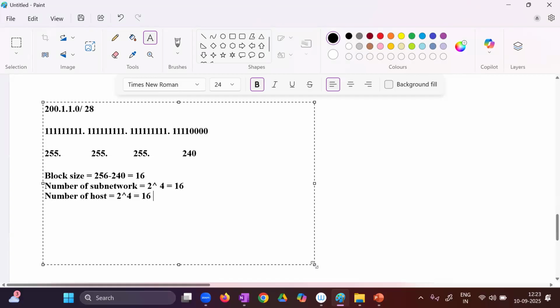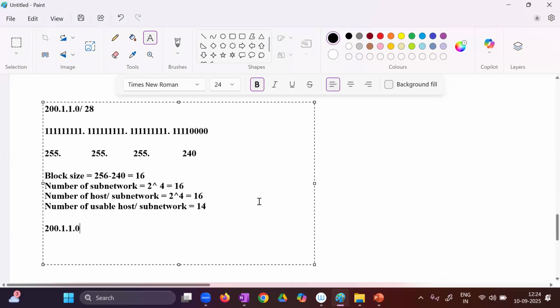Same, 16. Then the number of usable hosts, and you have to write one more thing here: host per subnetwork. This is per subnetwork. Here also per subnetwork. Then what is the value you will get? 14, right?